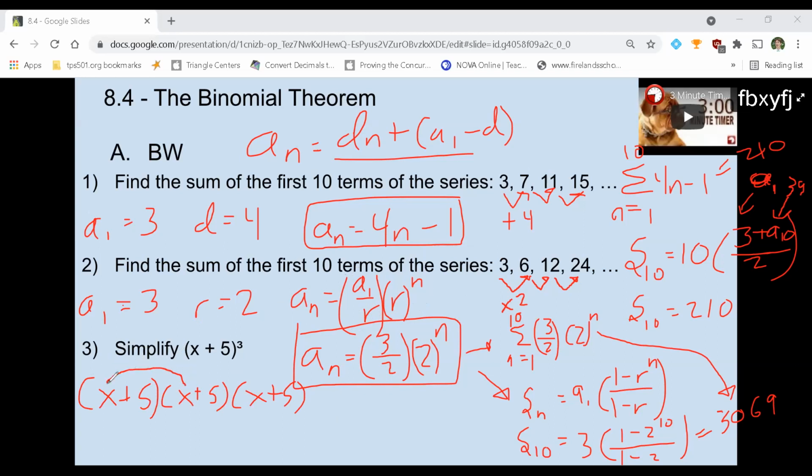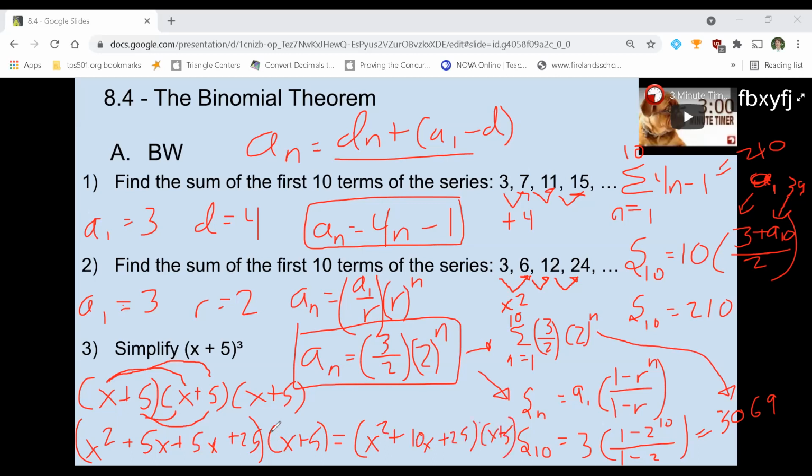Well, you would have to double distribute first. If you do that, you get x squared plus 5x plus 5x plus 25, which is simply x squared plus 10x plus 25.